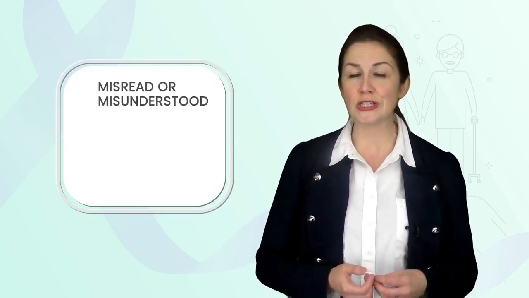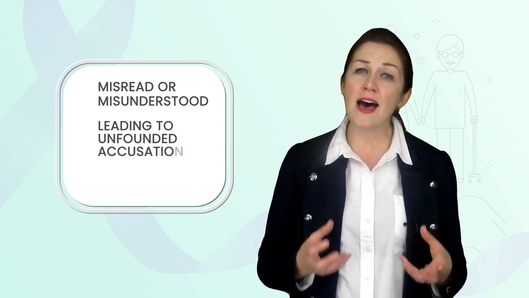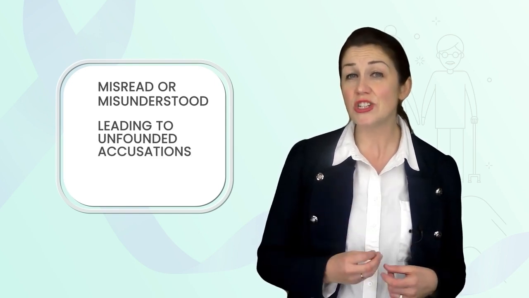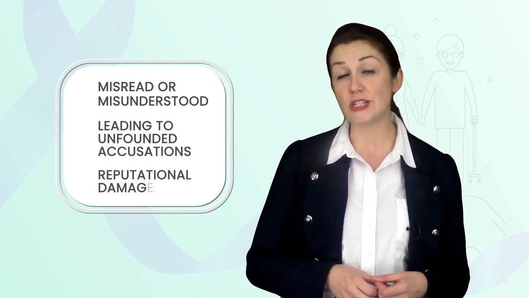It will also be likely that some signs may be misread or misunderstood, leading to unfounded accusations and reputational damage. A careful balance must be maintained when it comes to safeguarding to ensure people's safety and to limit unnecessary harm to any innocent parties affected by it.